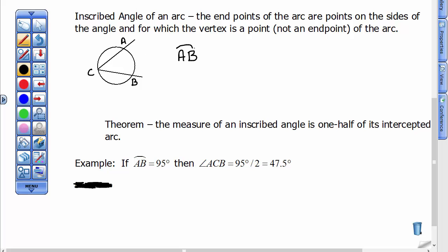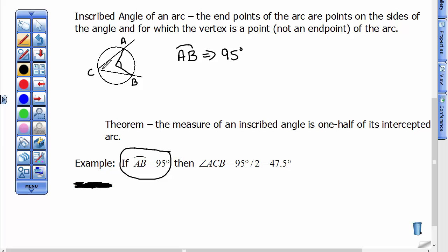An arc can be described by the size of the central angle that creates it. The central angle that creates AB, I tried to make it 95 degrees. So this central angle is supposed to be 95 degrees. Therefore, this arc can be called 95 degrees.